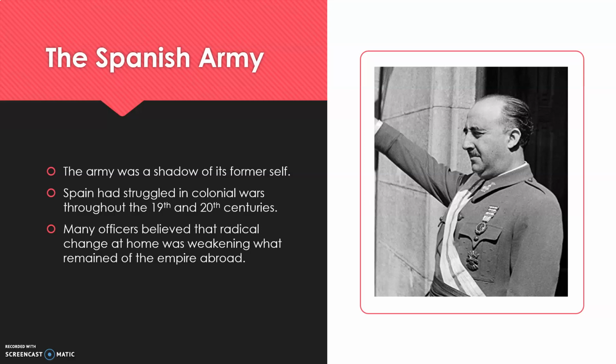And many of the officers in particular, and remember that the officer class is the same as the landholding class in many cases, so many of the officers come from big traditional conservative families, and they see the decline of the Spanish Empire, the decline of the monarchy, the decline of the church, and the growth of these uppity workers' parties as all sides of the same coin. And they think that if you can arrest the development of one of those things, then you can arrest the development of all of them.